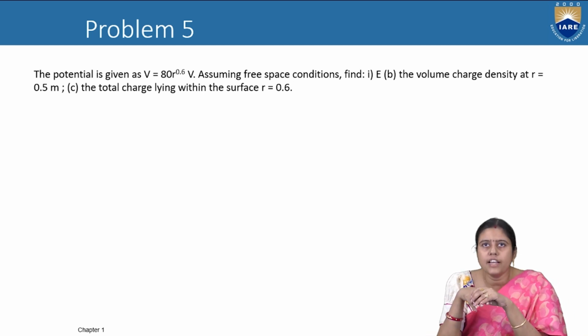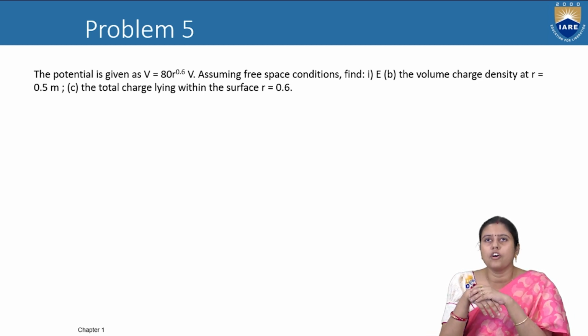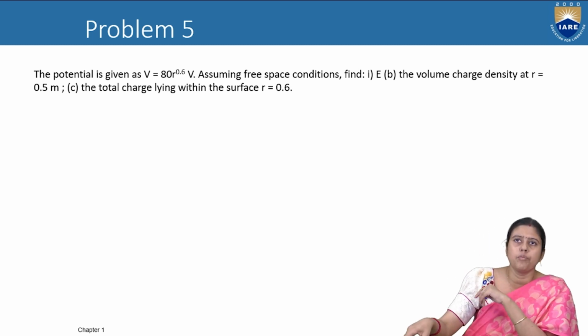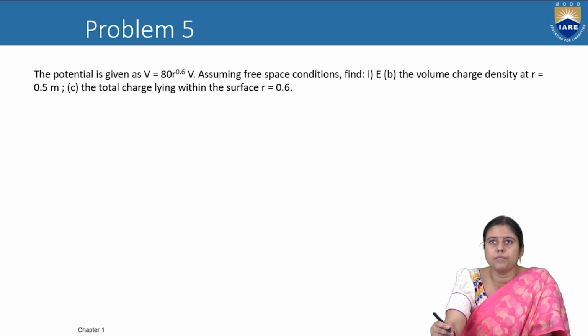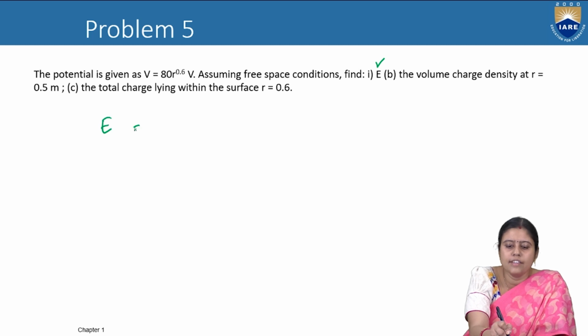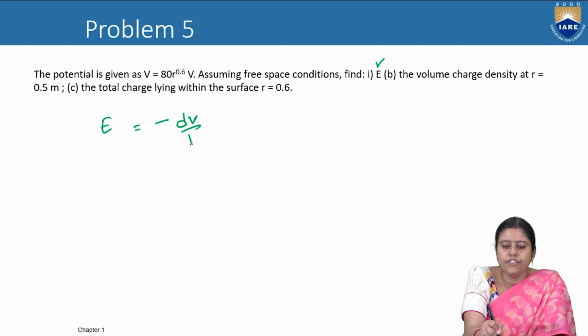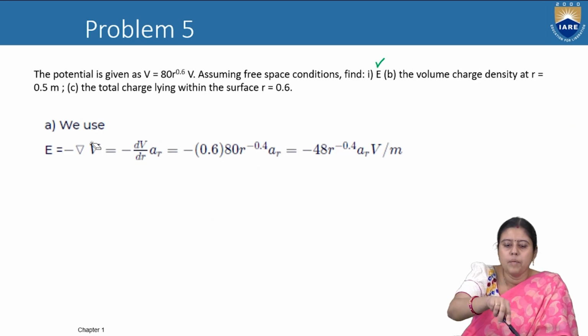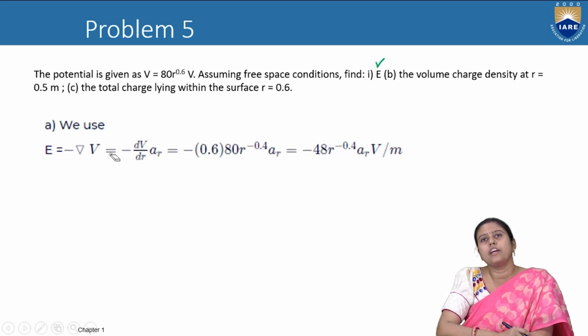The potential in a given field is V equal to 80 R to the power 0.6 volt. Assuming the free space condition, calculate the E. So what is E? E is equal to minus grad V. What is the meaning of grad V?